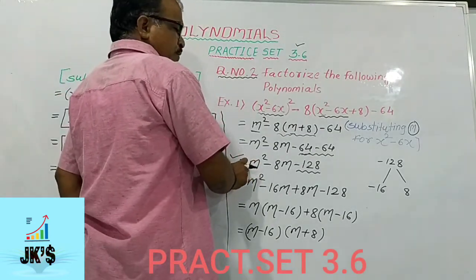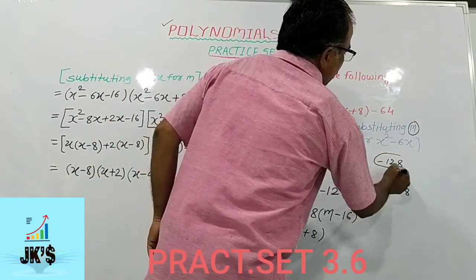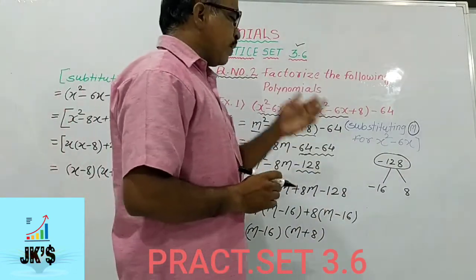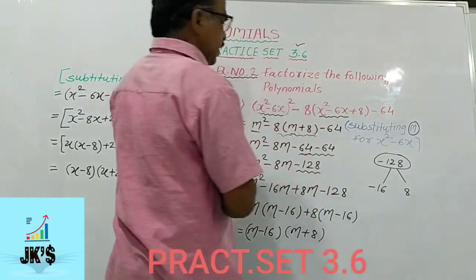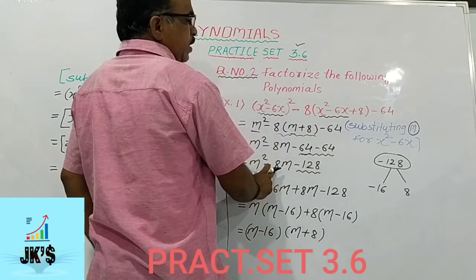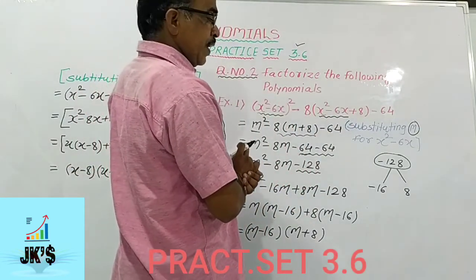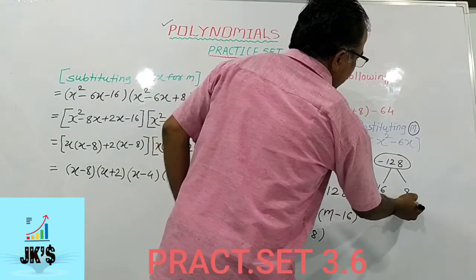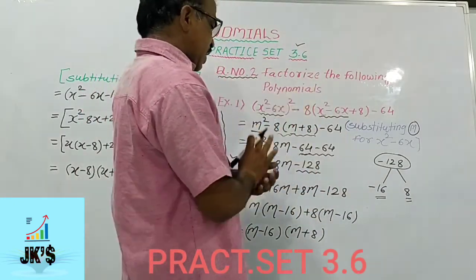Coefficient of square term is 1. 1 into minus 128, it becomes minus 128. We have to factorize minus 128 such that the subtraction is 8 and product is 128. So the factors are 16 and 8. 16 into 8 is 128.